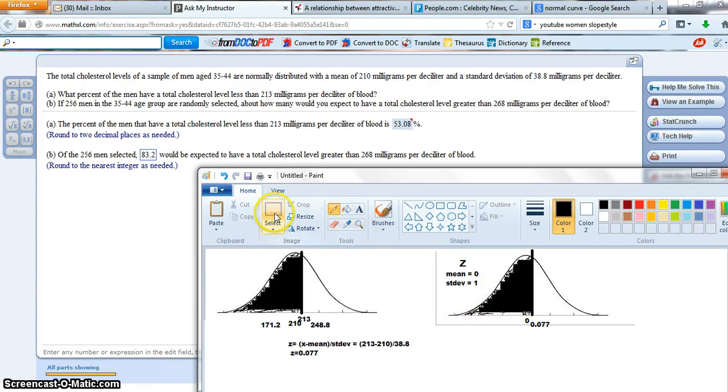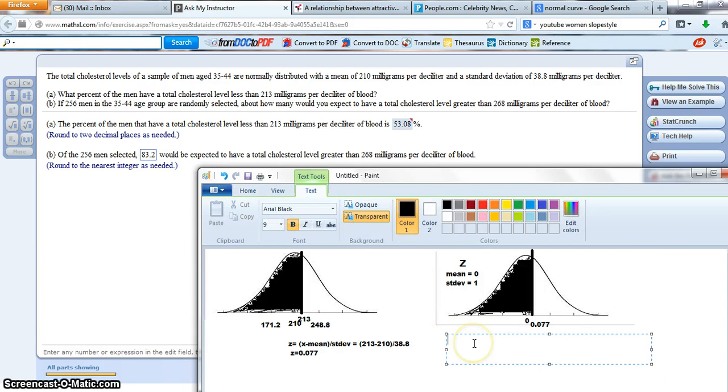Now to find this, I can use my normal CDF for the standard normal. So the percentage of the z values, standard normal values, that are less than 0.077, I can find using the normal CDF.